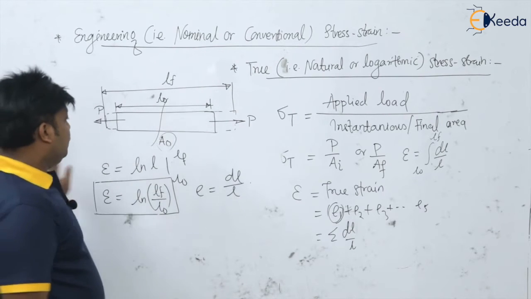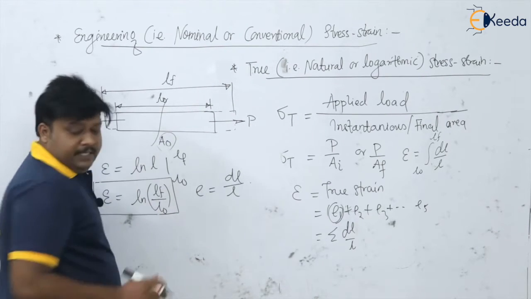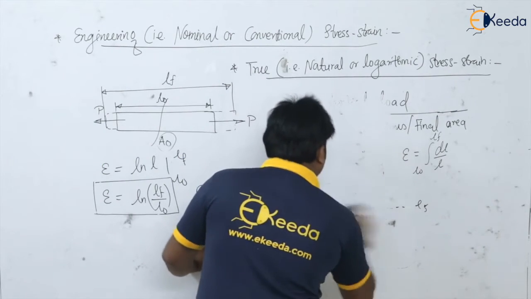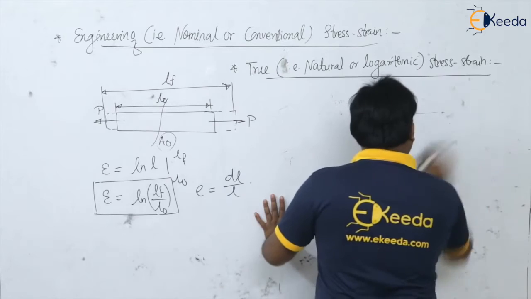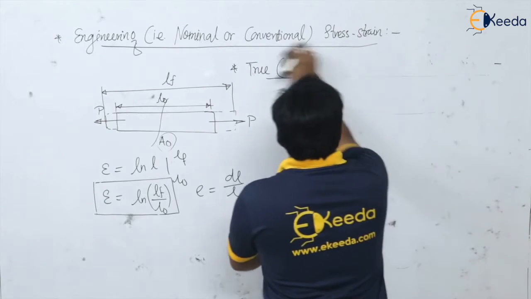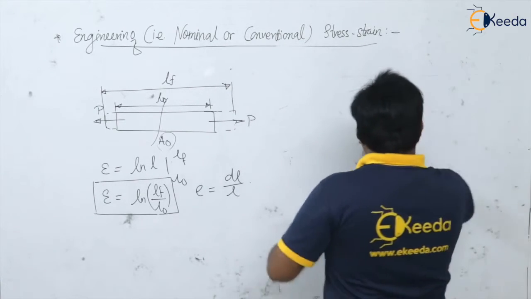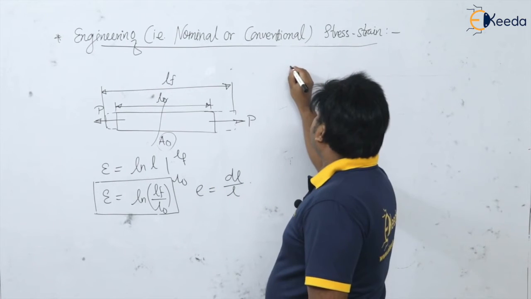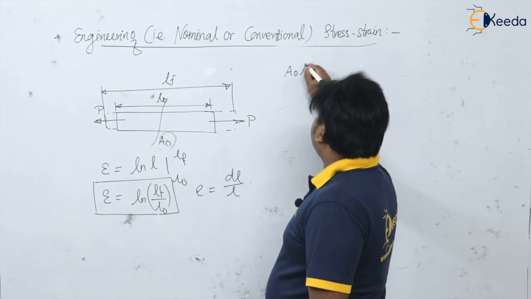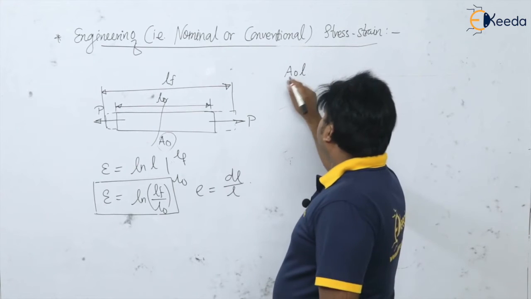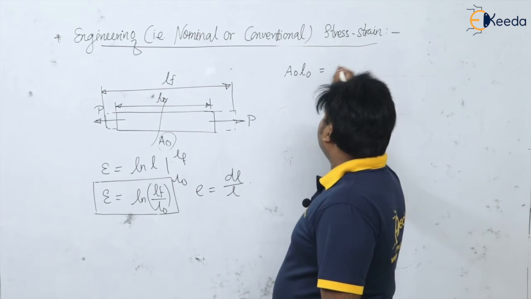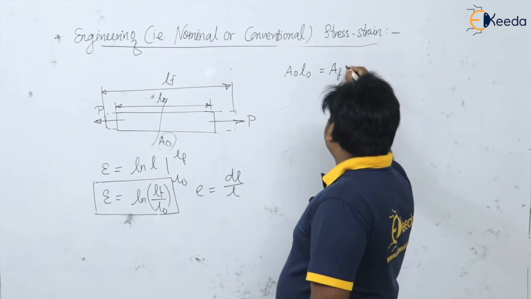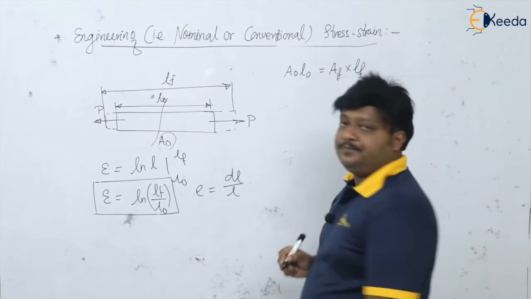Now for this specimen, of course, in metal forming we are saying that the volume constancy principle is valid. So if it is true, then I can write for the specimen the volume before deformation, that is A naught into L naught, should be equal to the volume after deformation, that is A final into L final, isn't it?